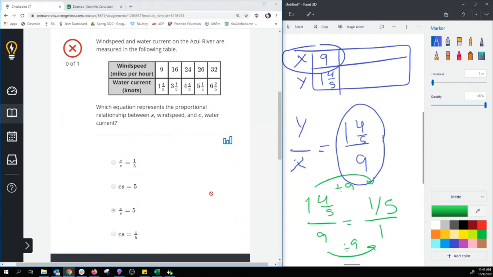All right, Dawson, you are correct. So the correct equation would be this C over S equals 1 over 5.